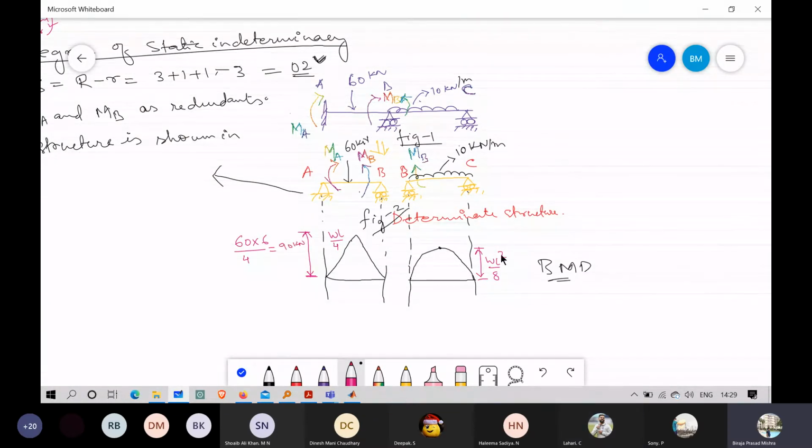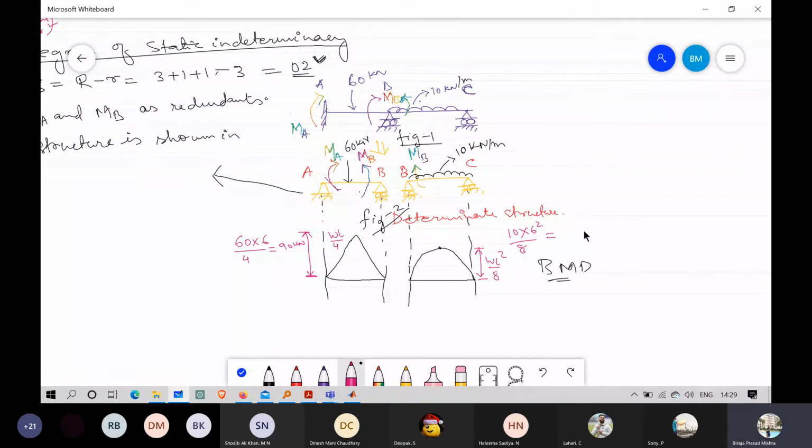Similarly, this one will be 10 into the length, which is given as 6 meters again. So 10 into 6 square divided by 8, and this becomes 45 kilonewton meter.